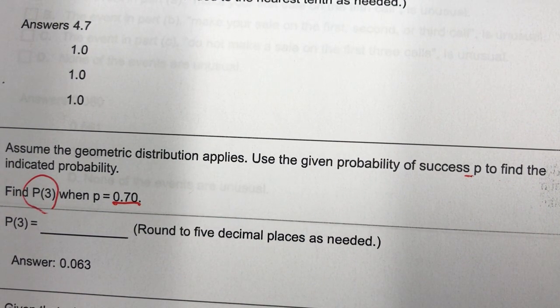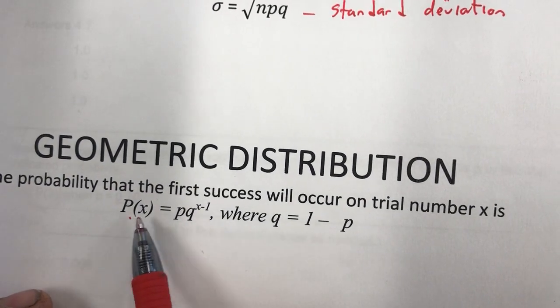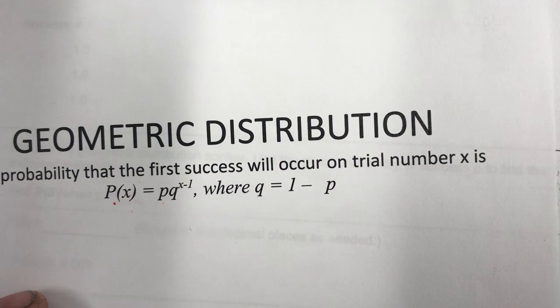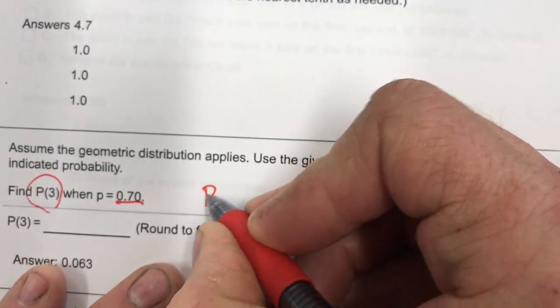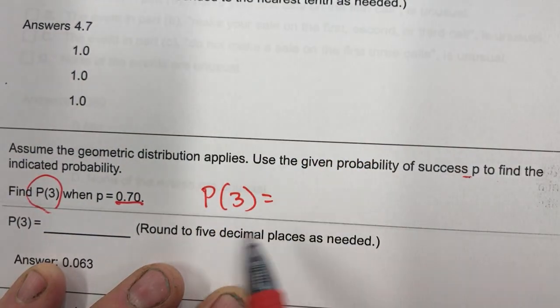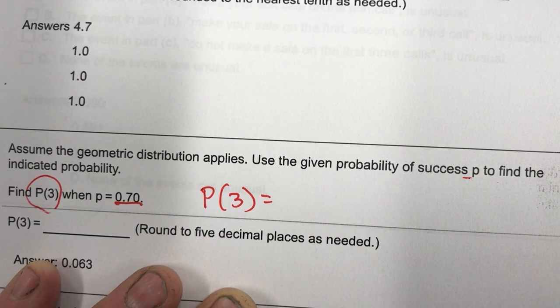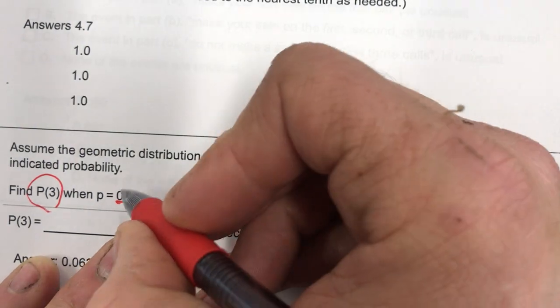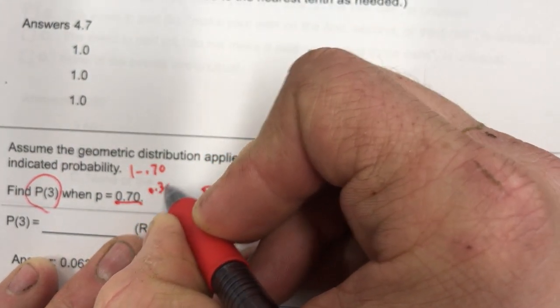Okay. Now, if you remember on geometric, P of x equals p times q to the x minus 1 power. So what this means here, P of 3, in other words, this means like on the third time this finally happens. The success is on the third time, okay? So my p is 0.70, and then 1 minus 0.70 is 0.30.